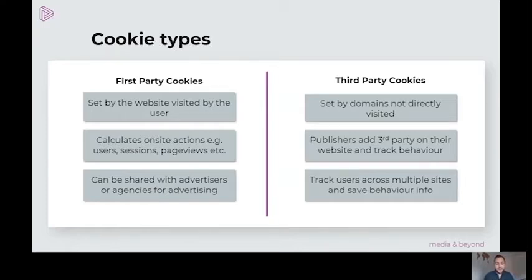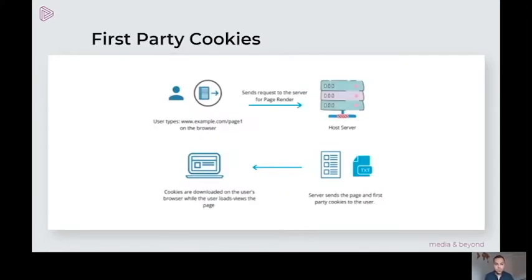Now, I understand that it can be a little complex how they're set. So just to demonstrate that in a bit more detail, with a first-party cookie, this is the kind of user journey. A user would go to a website. When they're on that website, the server recognizes that person has landed, and it assigns a cookie to the browser and gives it a unique ID. So it recognizes that person has come to this website and tracks them again as they go around and view certain pages, take certain actions on that individual website.